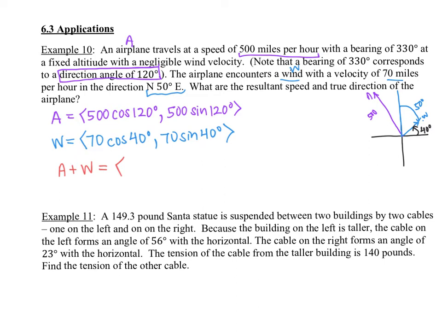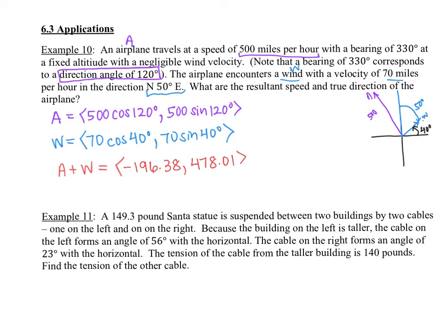You might have to play with the parentheses a little bit in order to get it to work. When I put it in my calculator, I get negative 196.38. Then in the y component, 500 sine 120 degrees plus 70 sine 40 degrees, I get about 478.01. In component form, this is what would happen when I add the wind to the airplane.